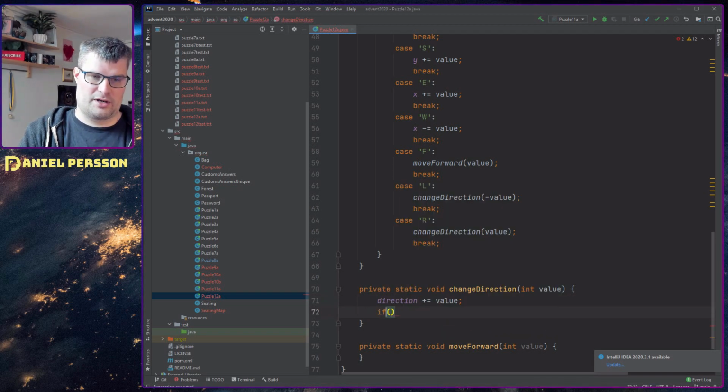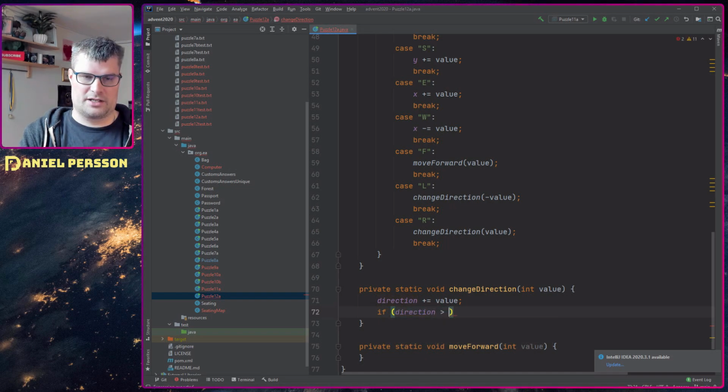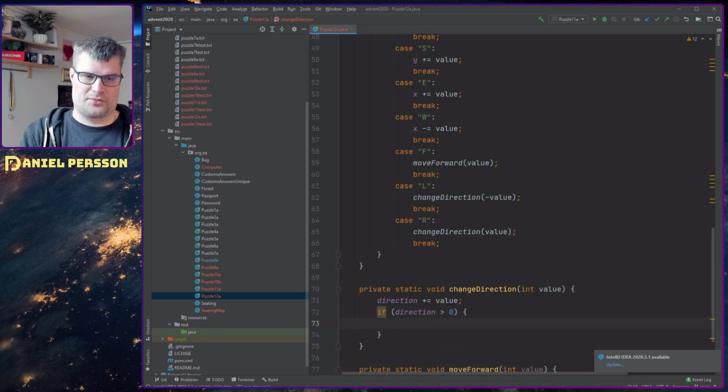And if the direction is less than 0, we will take that direction and add 360 to it, right?